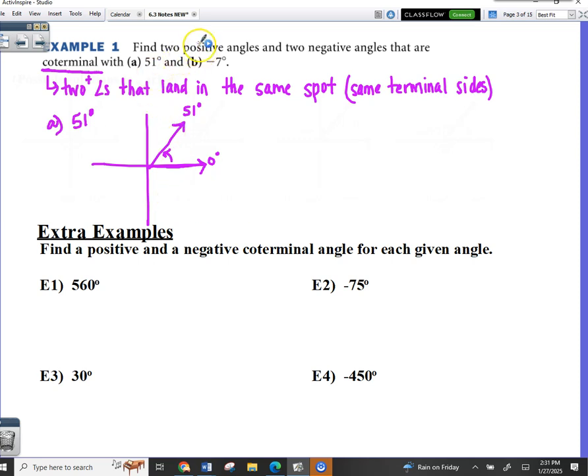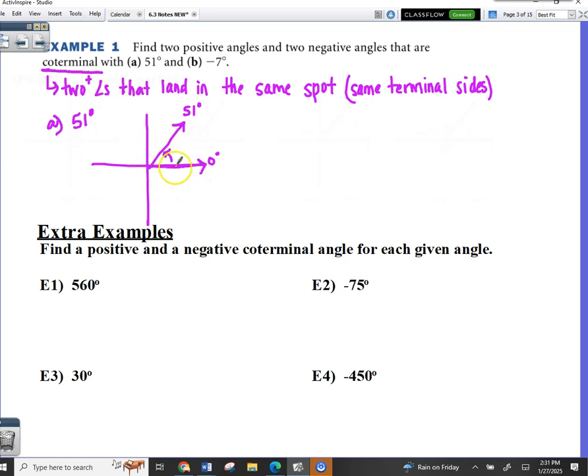They want us to give a positive angle that would land right here. How do you think I can get a number there? How can I get an answer? You're on the right track. 90 is not helpful because then that would be this right here.